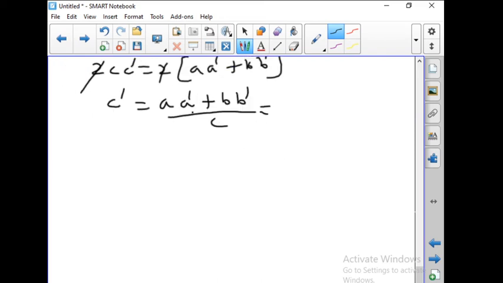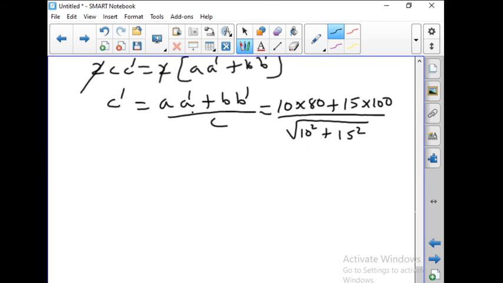Therefore substitute now, a is 10, a dash is 80, b is 15 and b dash is 100, divided by c, which is root of a square plus b square, so 10 square plus 15 square.